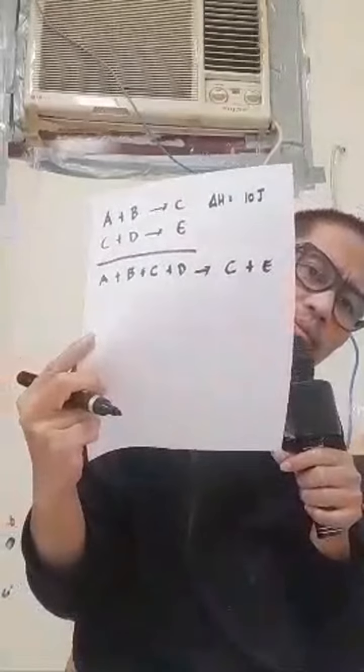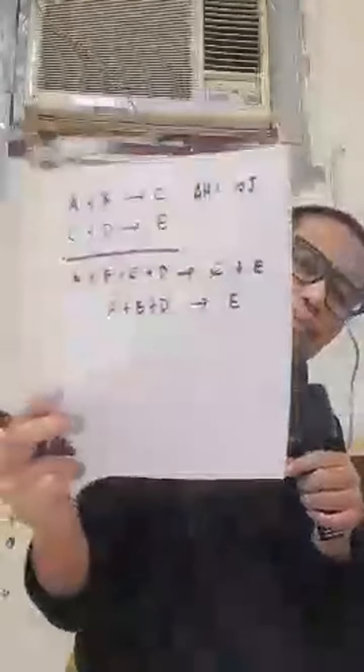So in here we cancel C because it is equal. So what will remain will be the overall reaction: A plus B plus D is equal to A. So this is our overall reaction.